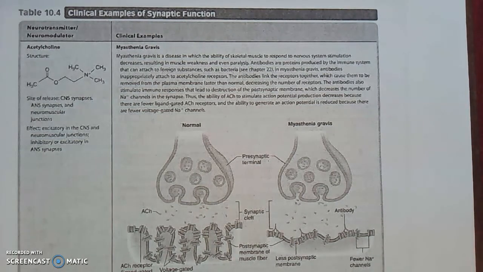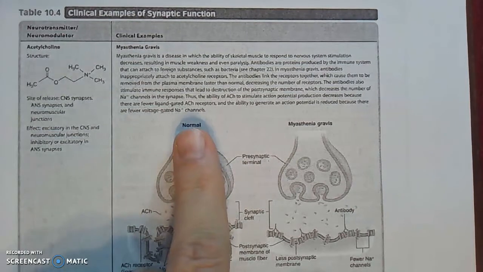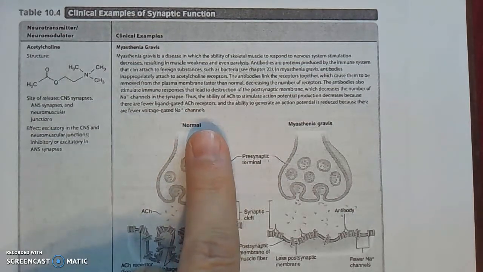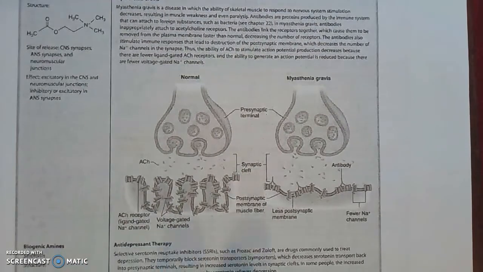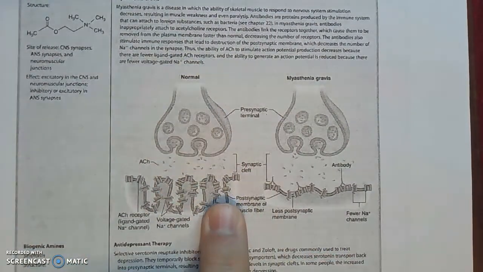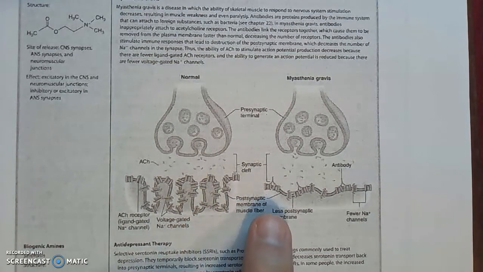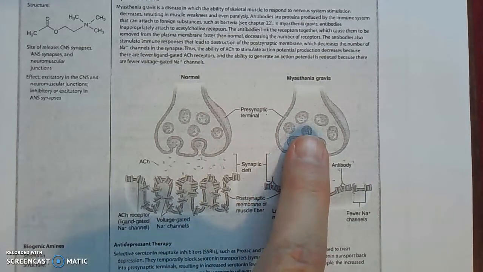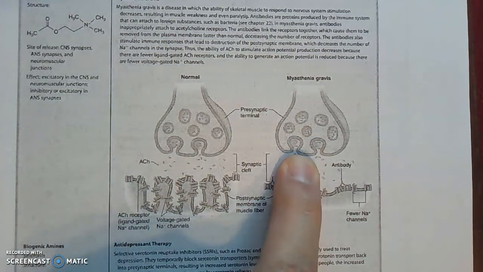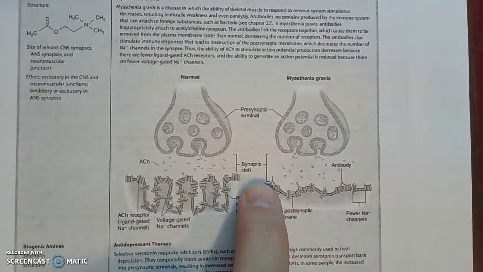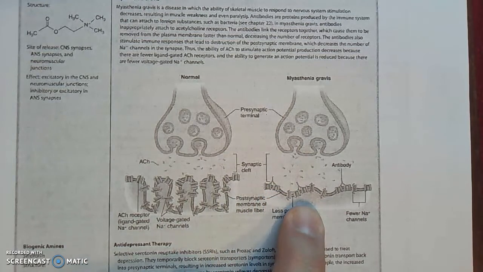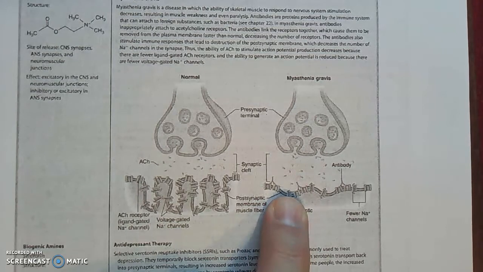So one of the clinical examples is the disease called Myasthenia gravis. You can see that right here we have a destruction of the postsynaptic membrane of muscle fibers, which means that we don't have as many gated channels, and that means that the release of the acetylcholine does not cause an action potential as readily in somebody that has this disease.